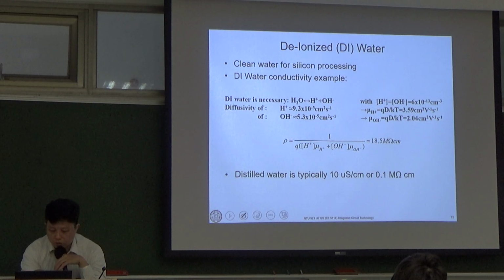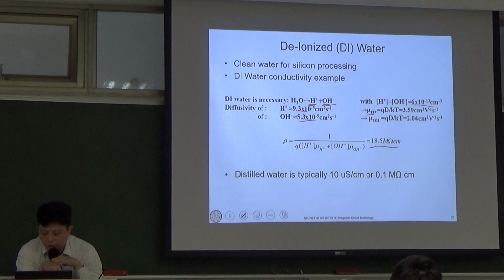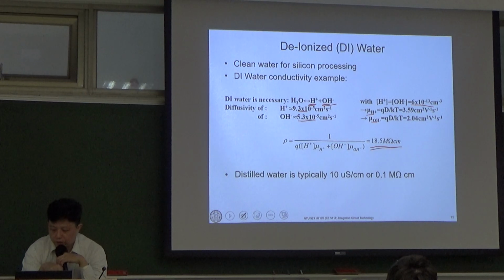Okay, so now we have these two ions, and this is the concentration. And here are the diffusivity of these two ions and also the mobilities. Okay, so you can calculate the resistivity, 18.5 mega ohm centimeter.